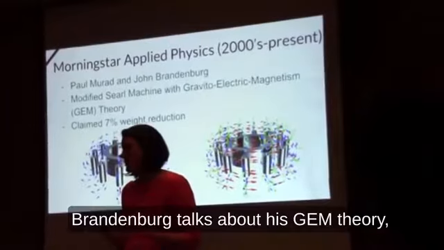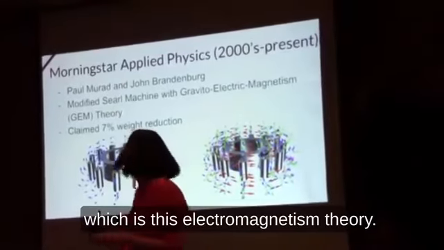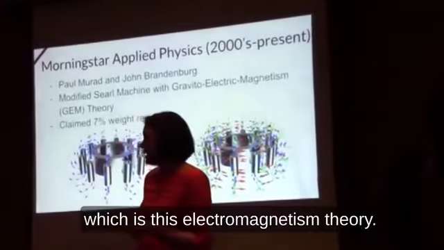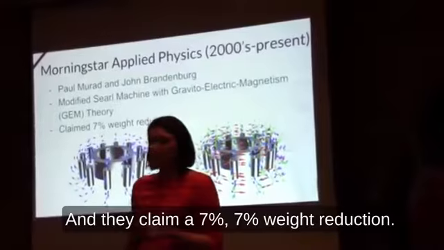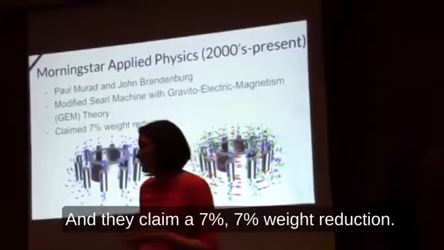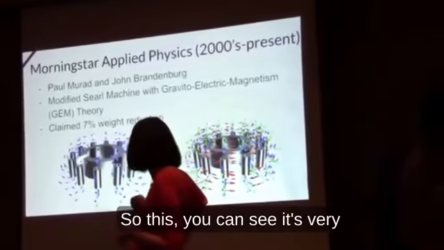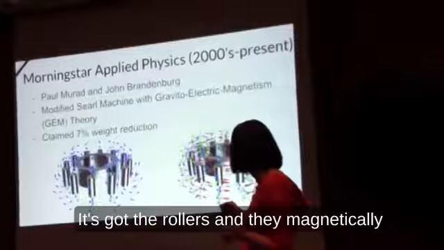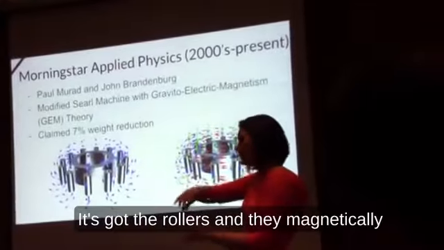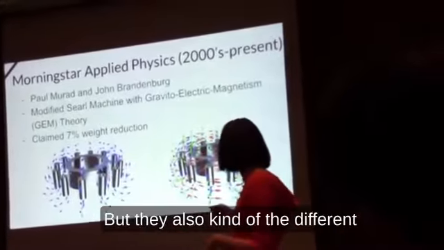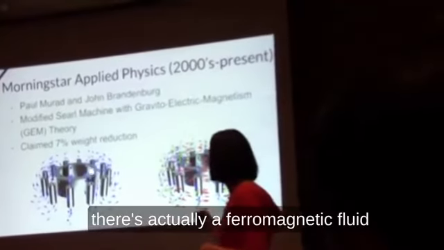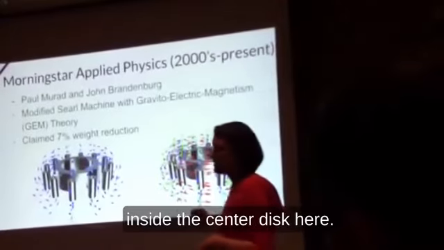Brandenburg talks about his GEM theory, which is a magnetism theory. They claim a 7% weight reduction. You can see it's very similar to the Searle generator we looked at earlier. It's got the rollers and they magnetically rotate and all of that. But the different part about this one is that there's a ferromagnetic fluid inside the center disk.